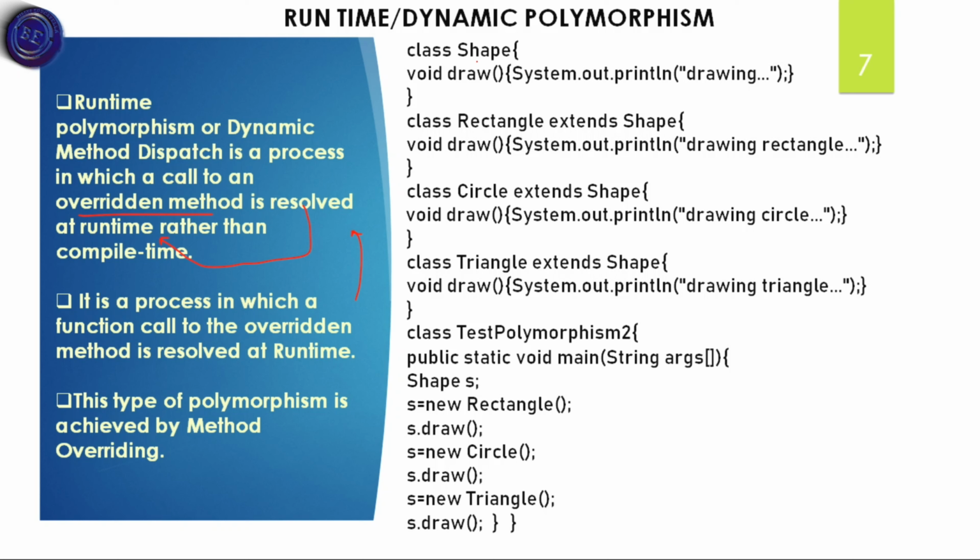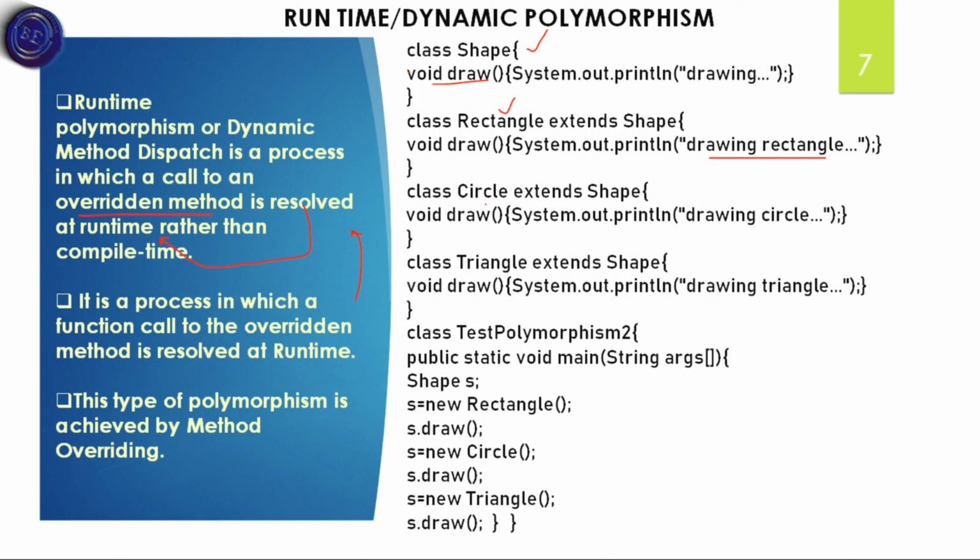Here I have a parent class named Shape and I have a method named draw. This method has to be called in every subclass. So class Rectangle extends Shape. This is a subclass named Rectangle. In this subclass I have the method void draw, which is the parent class method, and in this method I would like to print the content "drawing a rectangle".